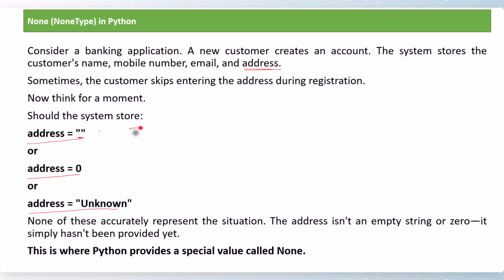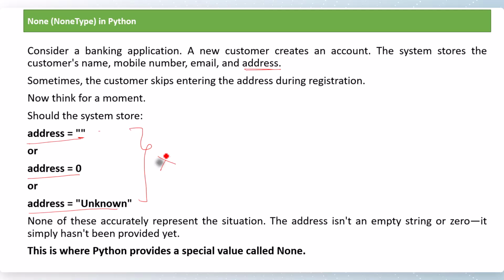If you notice, all these three possible cases are not suitable, not correct, because here the address is not empty. Empty is also a value, 0 is also a value, unknown is also a value.